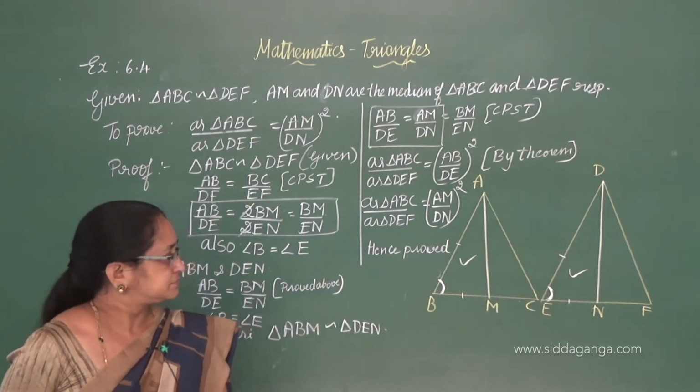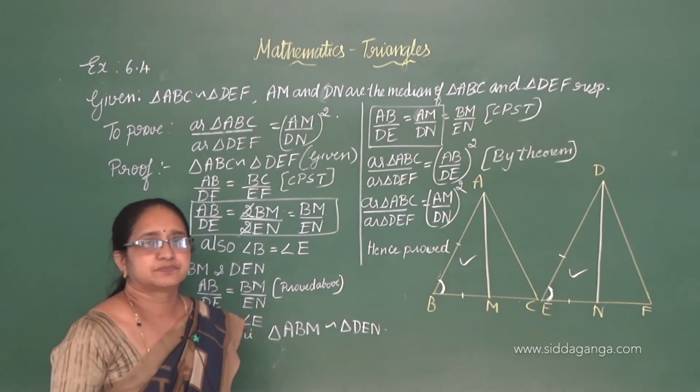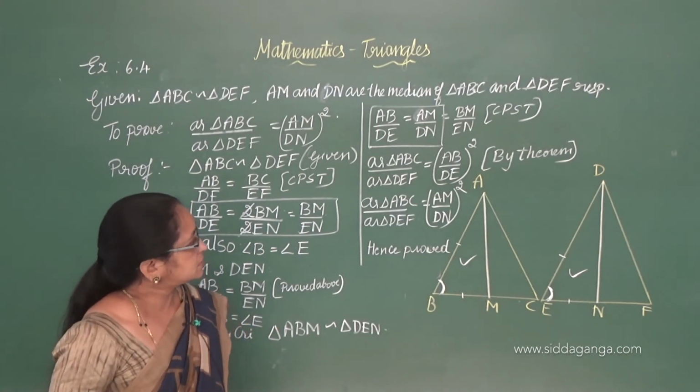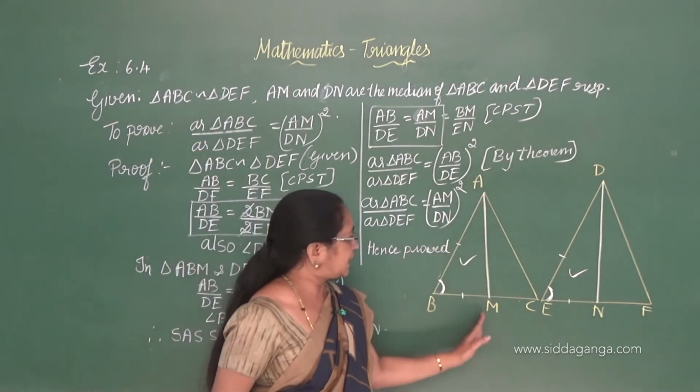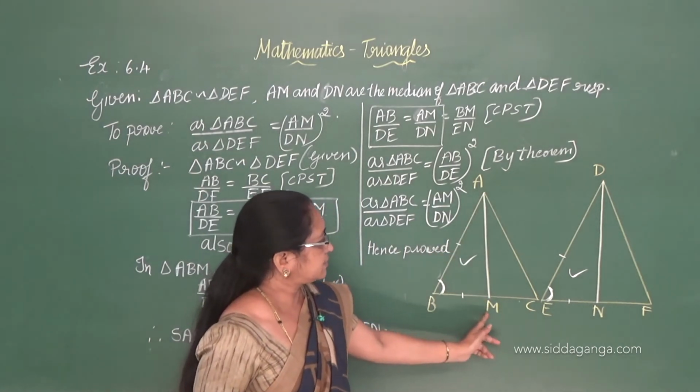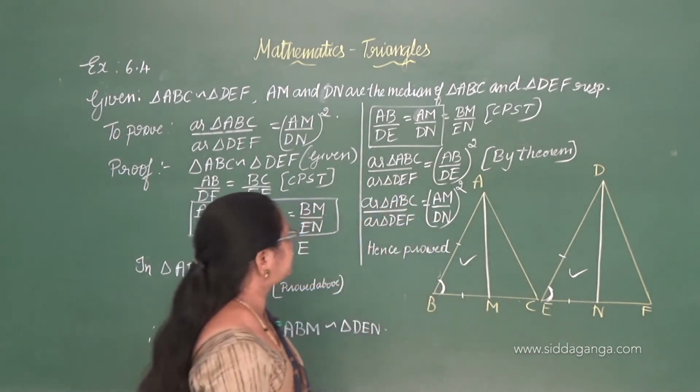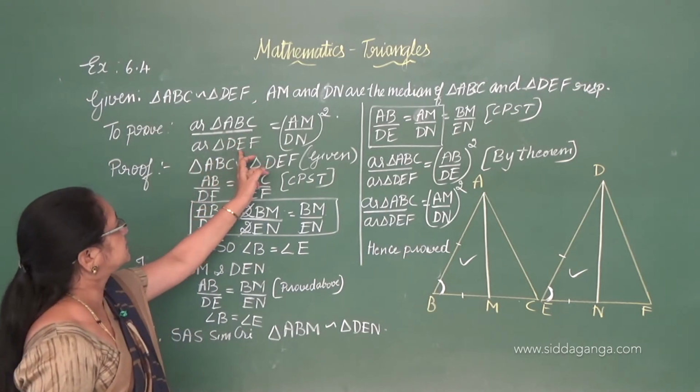Okay. Isn't that interesting? See, here because I want to prove that AM by DN whole square will be equal to the area of triangle ABC and this.